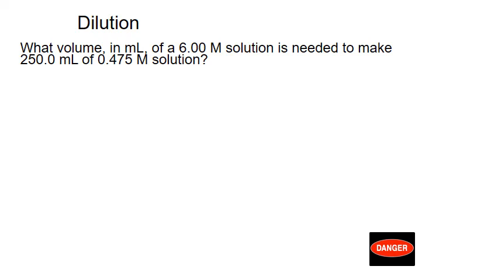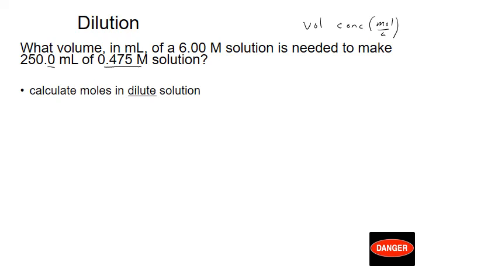To solve this particular problem, we can look at what we're given. We're given information about volume and concentration of a solution. This might be a trigger for you now, that if you know volume and concentration in terms of moles per liter, that you might be able to do something with that information. To solve this problem, we'll need to calculate the number of moles in the dilute solution.